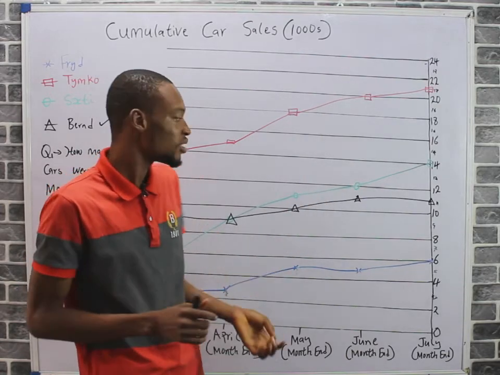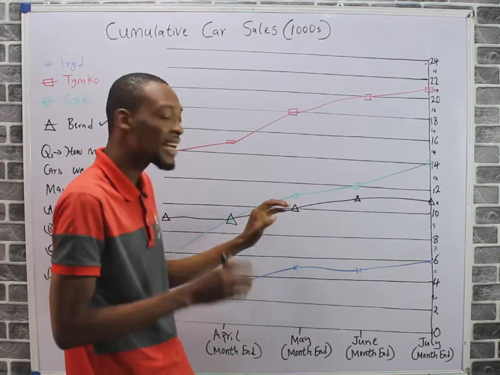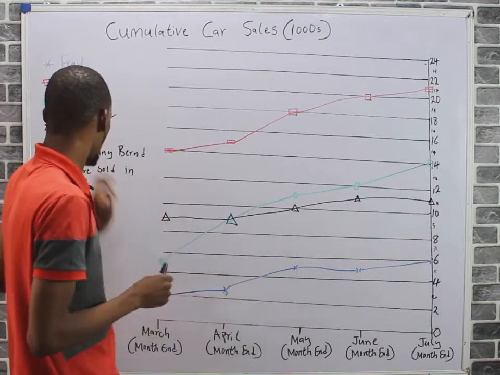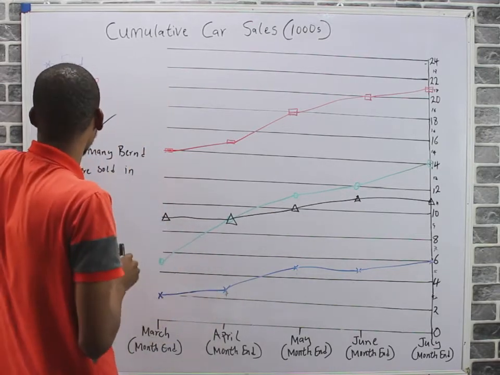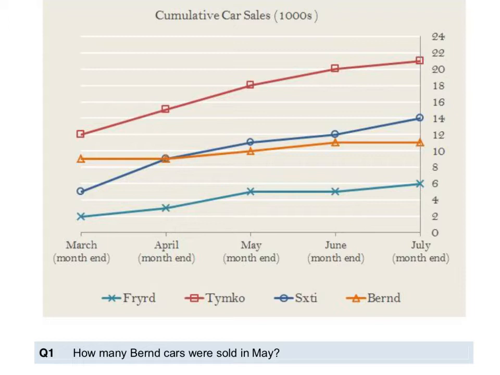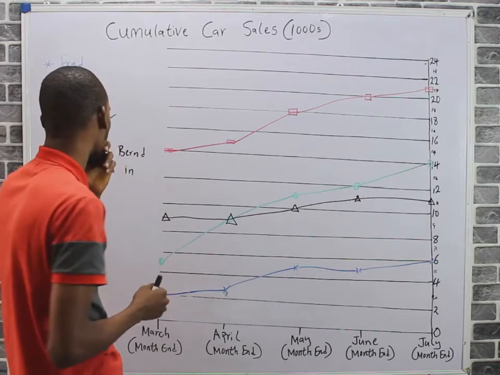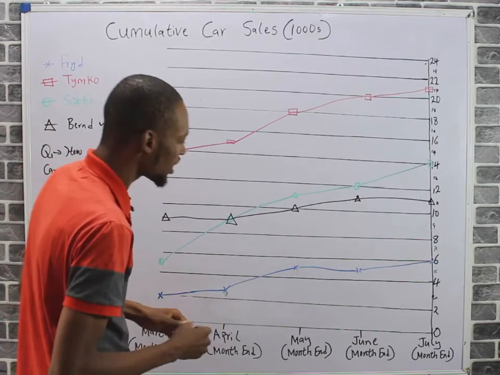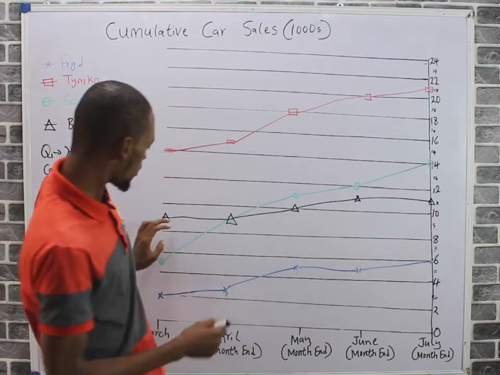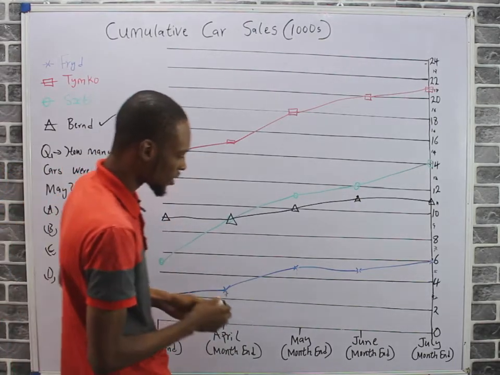That's not the problem. This could have been gold, any color. So now, Bernd car represents black in this case, and in the original question, Bernd cars are yellow. Now look at this. This is Bernd car and this is May.